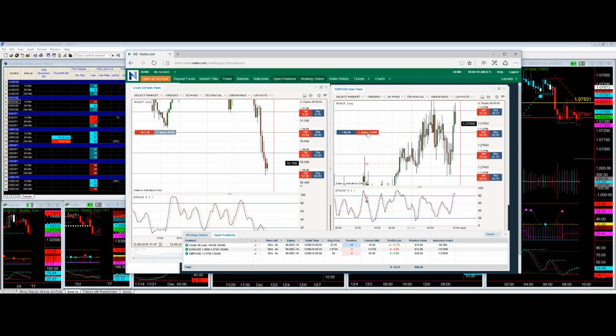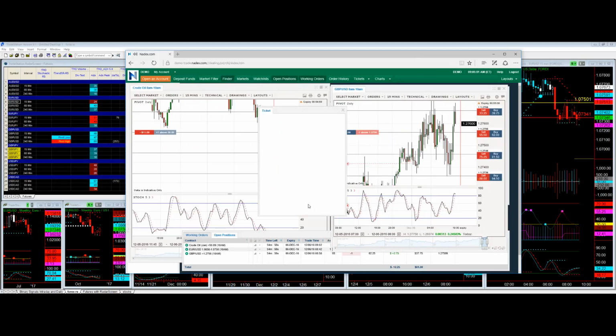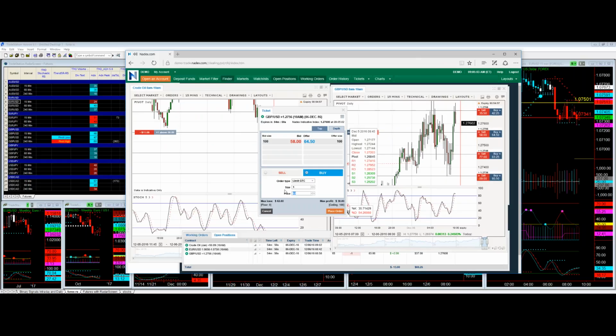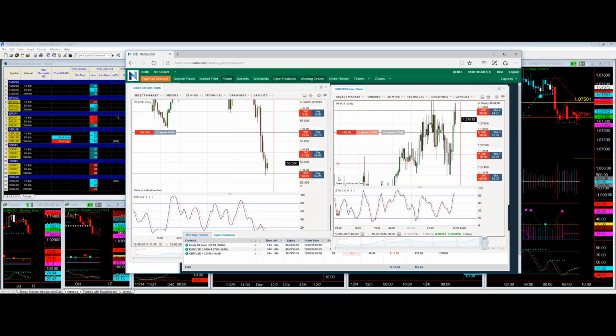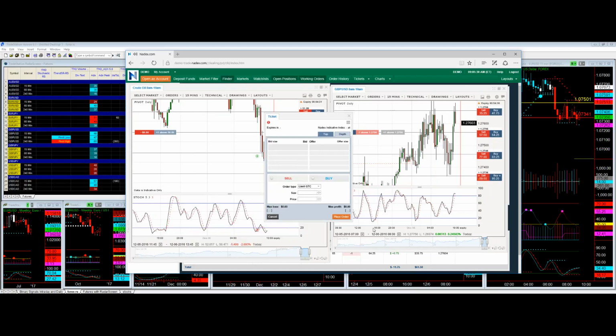Now on the British pound, I'm going to go ahead and set a profit target on that at 20, in case I'm distracted for whatever reason. On crude, I'll go ahead and set a profit target on that.